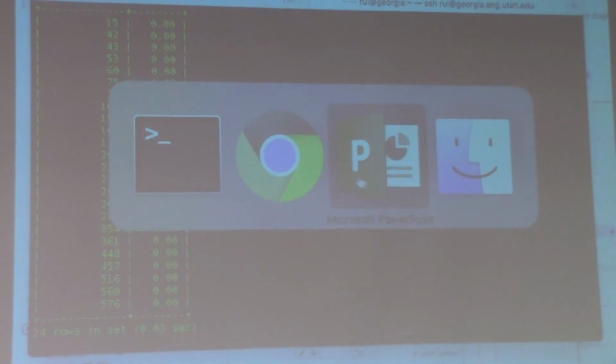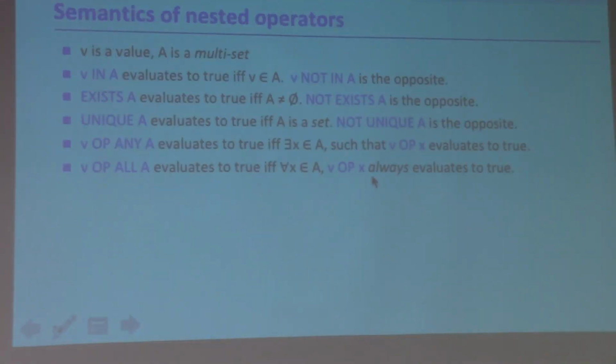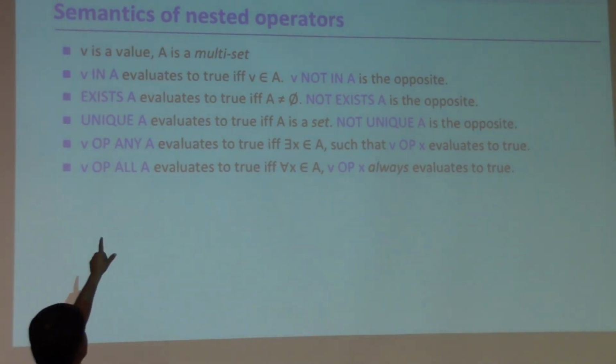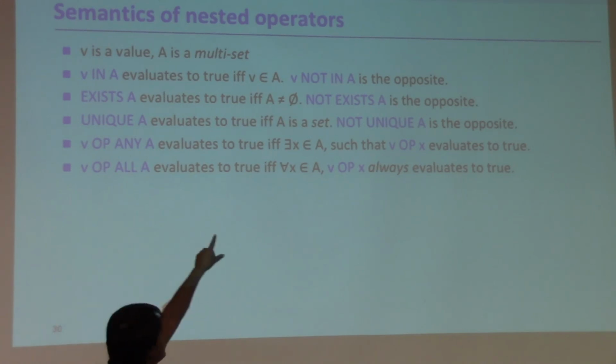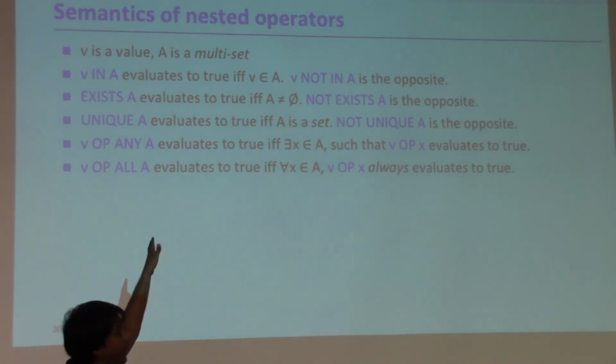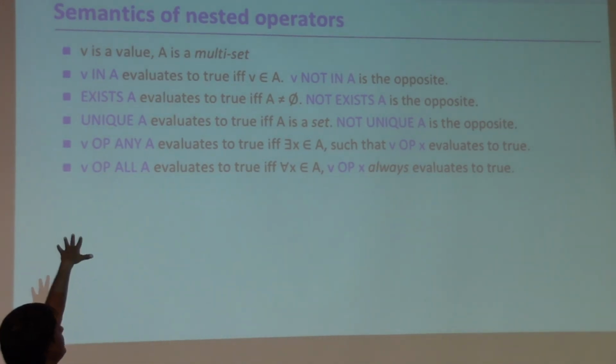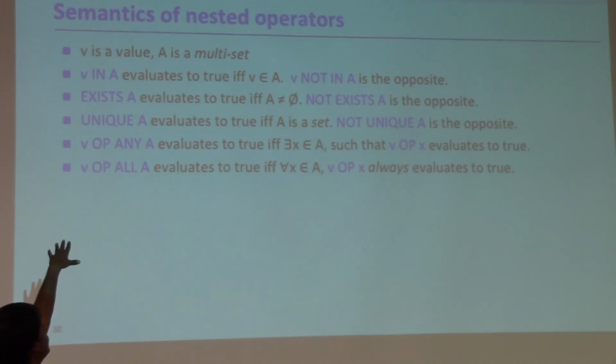So just to give an overview of this part. V in A, where V is a value and A is a multiset. A is just within the parentheses, the block that it outputs. If V is not in A, then I get false. Otherwise, if V is in A, then I get true.